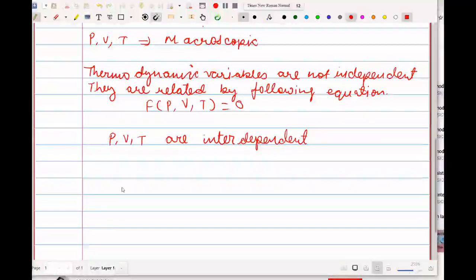If you need to explain the equation of state of an ideal gas, what will be the equation of state? So you know that it is PV is equal to nRT. You got it.